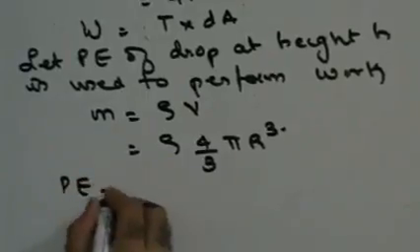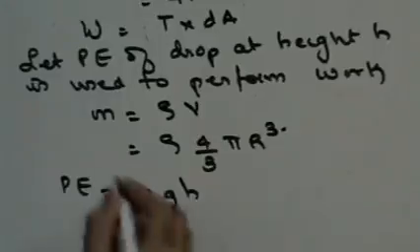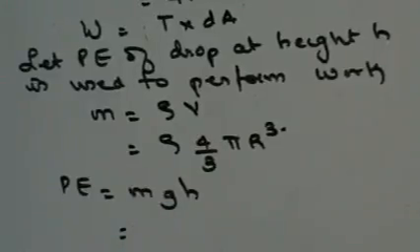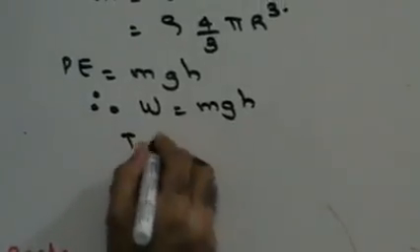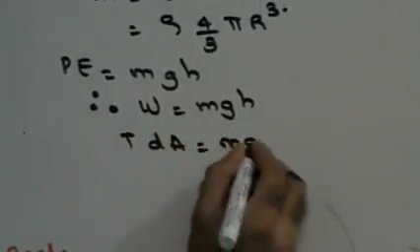Now potential energy we know is nothing but mgh, where m and g we know. We've said that the potential energy of the drop is used to perform work, so W is equal to mgh. W can be written as T into dA, which is equal to mgh.